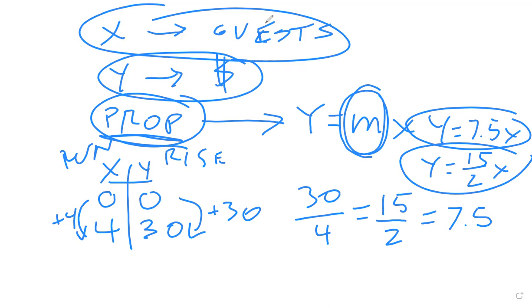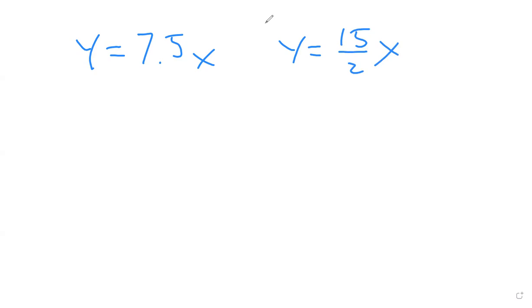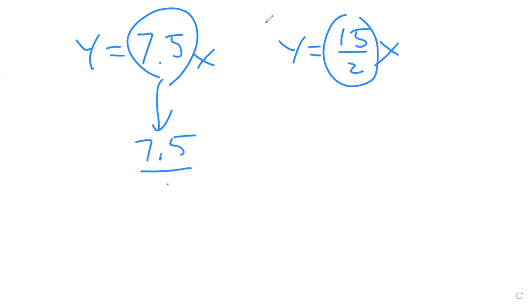For part B, we have those same two equations, Y equals 7.5x or Y equals 15 over 2 x, and it says interpret the slope. Once again, what interpret means is what are these numbers representing in the real world? So 7.5 over 1 means that it's $7.50 for one guest.